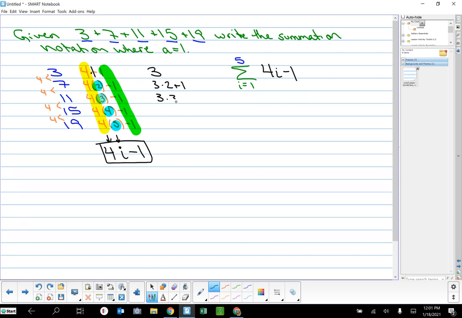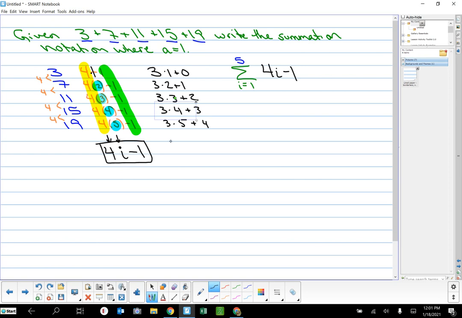And then 3 times 3 is 9, plus 2 is 11. So 3 times 1 plus 0 is 3. Let's see if this works. 3 times 4 plus 3, that's 12, 13, 14, 15. So here's another way that this could possibly happen. And then 3 times 5 is 15 plus 4 is 19. So this would also work.